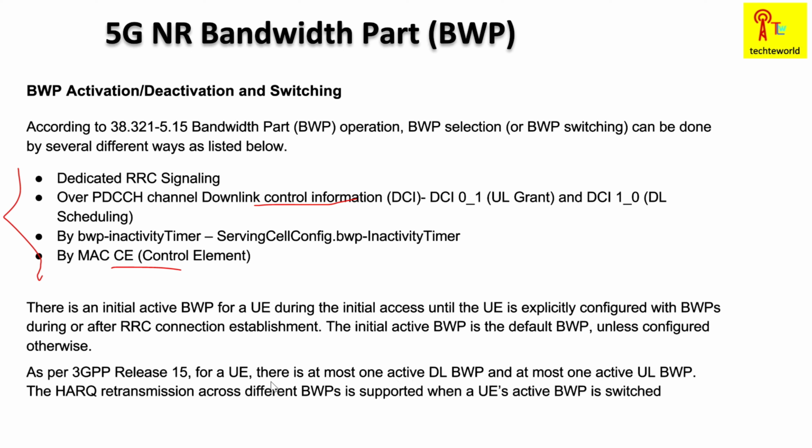Hard transmission across different bandwidth parts is supported when a UE active bandwidth part is switched, and it is only supported when at least one UE active bandwidth part is switched. Otherwise, retransmission will not be supported.